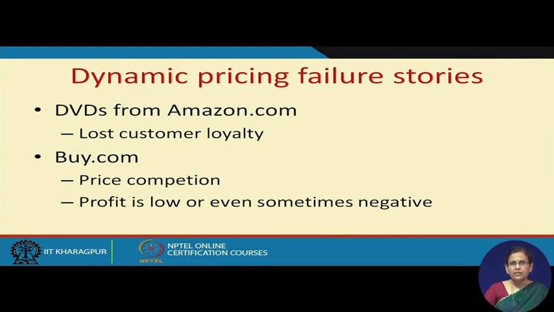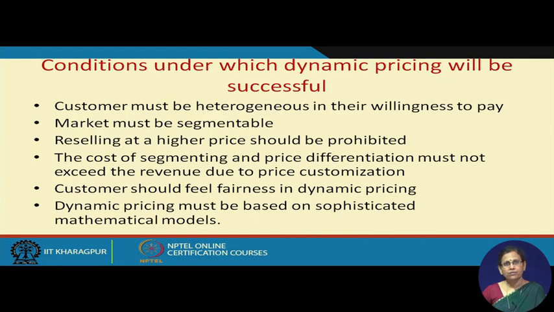As a result, sometimes the profit was becoming very low, and because of this strategy the site actually generated negative profit and eventually they went out of the market. This is one of the very early stories. Now, let us try to figure out under what conditions dynamic pricing will be successful.